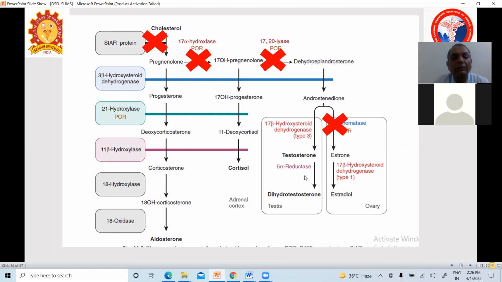Fine. So what will happen due to this deficiency? Due to aldosterone deficiency, and there will be excess of sex estrogens. So here there are two things you can see: one is the horizontal pathway and one is the vertical pathway.